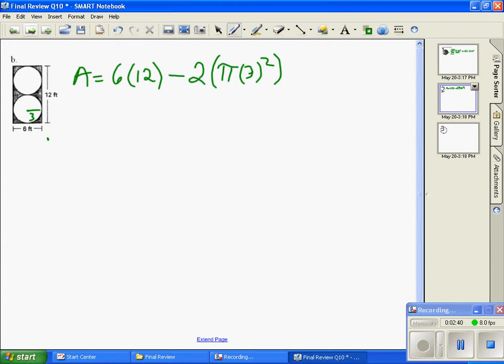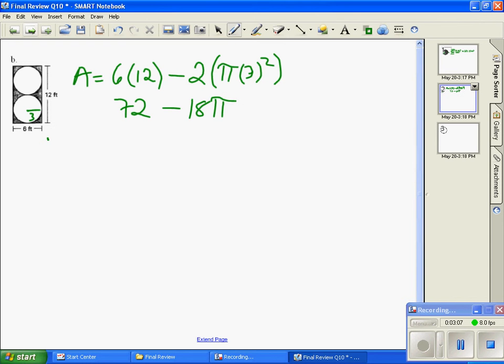Okay, so we need to plug this in the calculator and figure out some of the pieces. So we have 6 times 12 equals 72. Okay, so then we plug in the 2 times pi times 3 squared. And actually, if we were just to write this in terms of pi, we would have 3 squared is 9 times 2 is 18 pi.